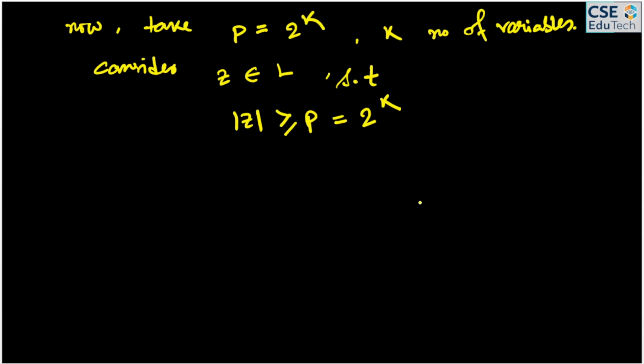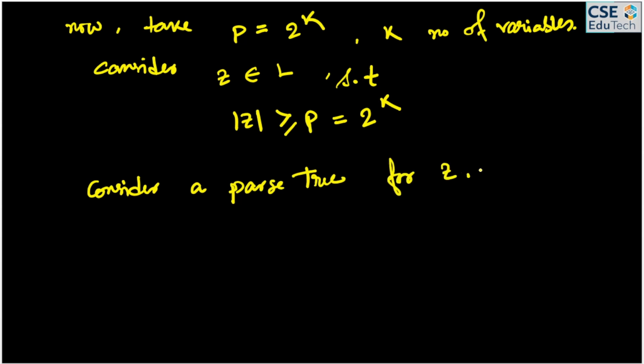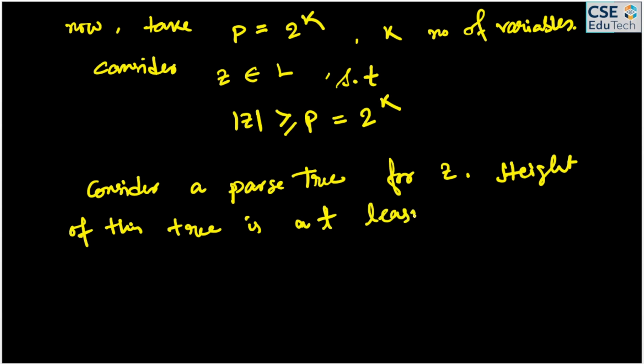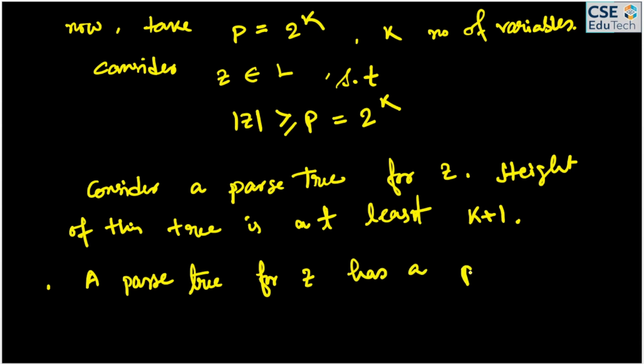Now consider a parse tree for this Z. The height of this tree is at least k plus 1, and the parse tree for Z has a path of length k plus 1.